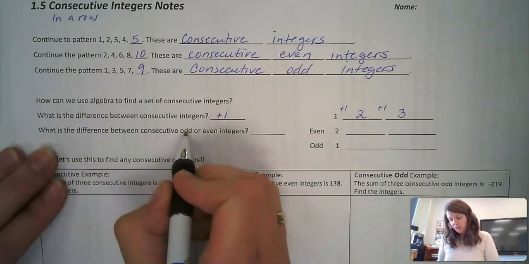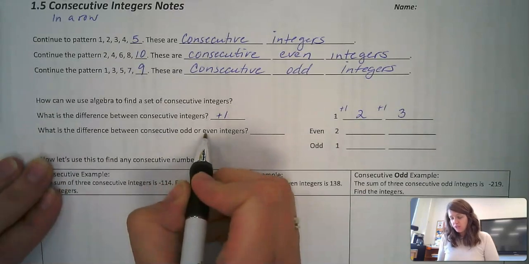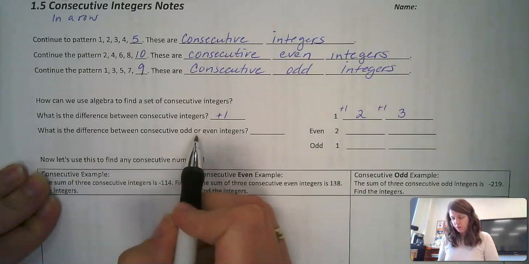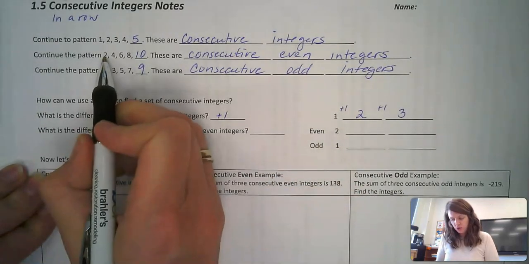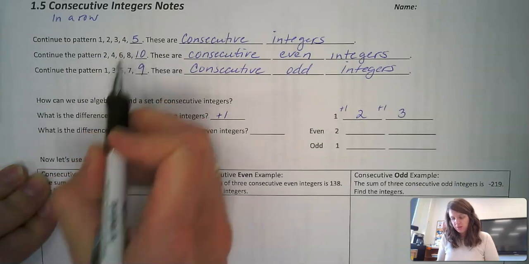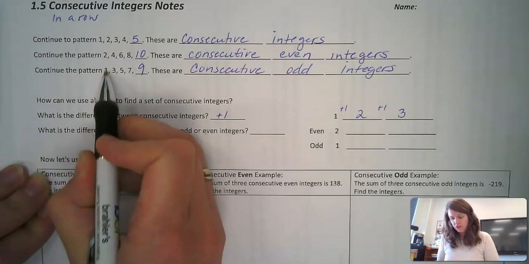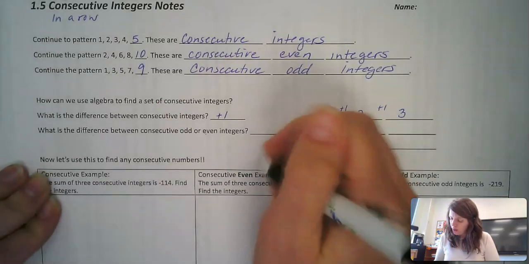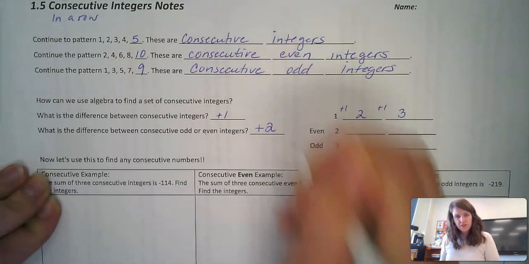When we think about odd or even integers, the difference, or how much we change between them, would be a little bit greater. So 2 plus 2 is 4. 4 plus 2 is 6. And the same is true for odd. 1 plus 2 is 3. 3 plus 2 is 5. So when we talk about even or odd integers, the difference is 2.